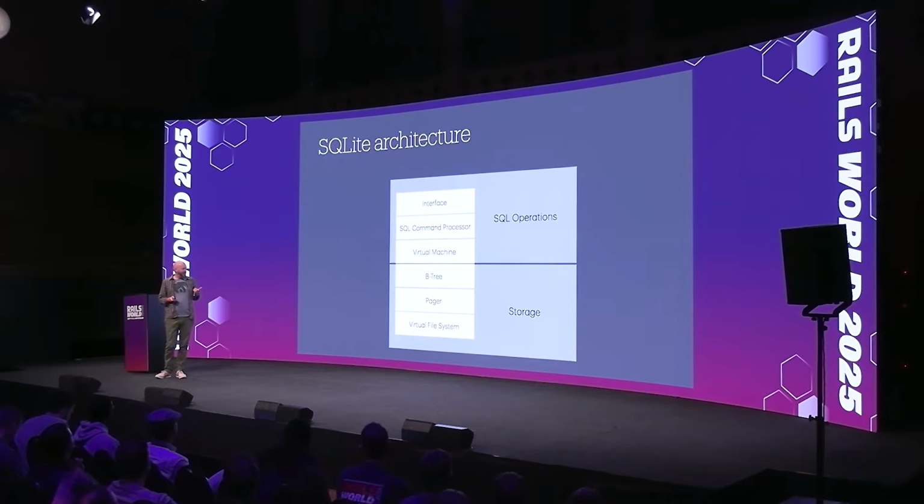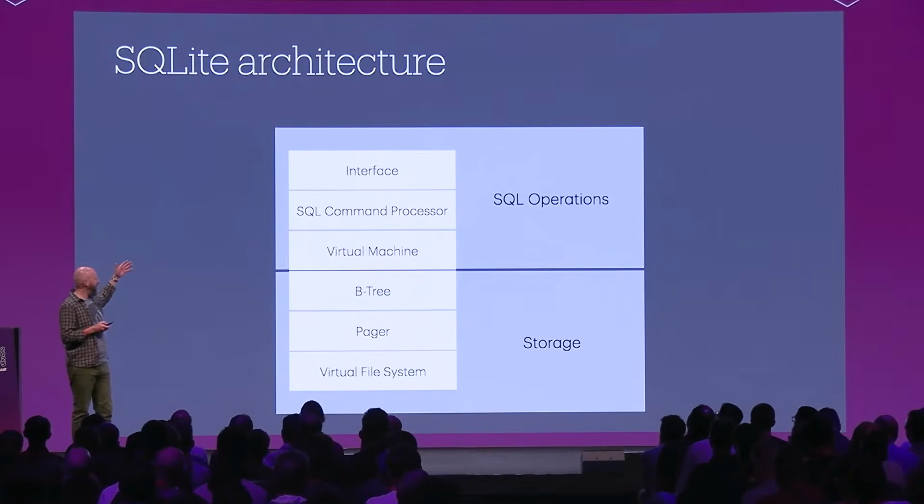The other interesting thing about the virtual file system is that in addition to the built-in one, so SQLite has a virtual file system for Windows and for Unix and so on, but you can also build your own, and you can load in new ones at runtime and tell SQLite to use them. So essentially, the top 5 layers of this diagram are all hardwired together, but the bottom part is pluggable.